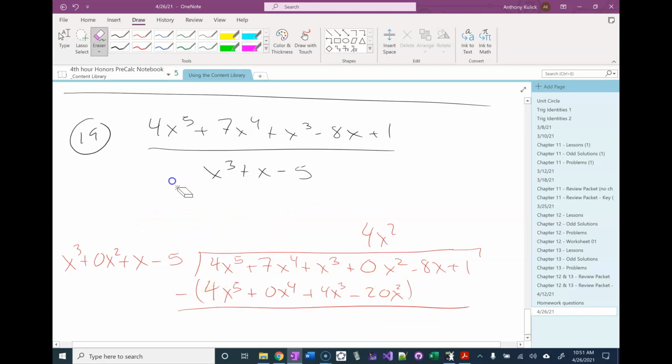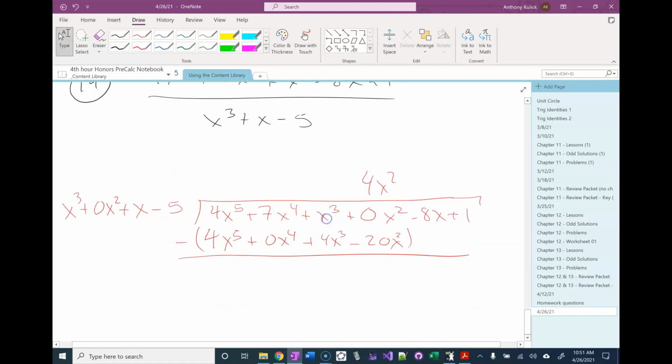Then subtract down. 4x to the fifth minus 4x to the fifth is 0. 7x to the fourth minus 0 is 7x to the fourth. 1 minus 4 is negative 3x to the third. 0 minus a negative 20 is positive 20x squared. Then bring down the next term.